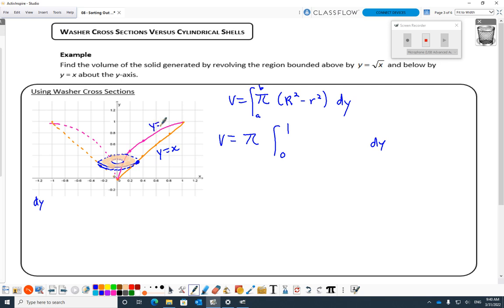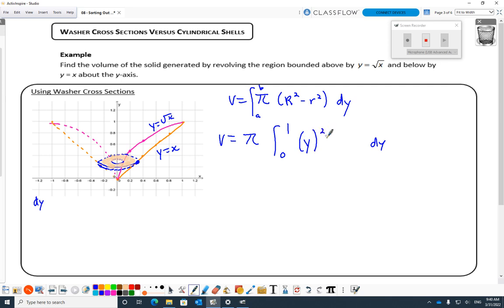This is y equals root x. The big radius is y equals x. Do I want the x or do I want the y? The good news is y equals x. But do I want x or y? Why? Because the dy tells you. That dy is so important. It tells you which one you're looking for here. So the outer is y.